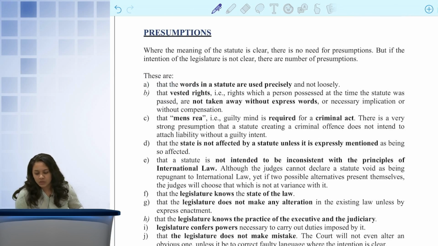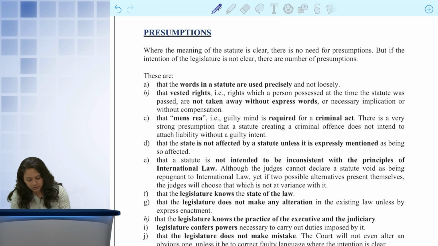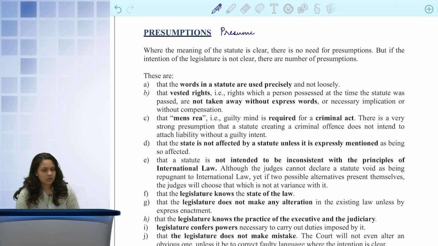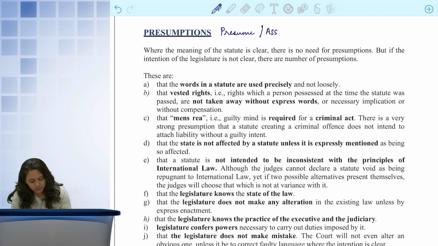Okay. The word presumption. What do you mean by presumption? It means to presume something. So, ma'am, presume means the same as presumption? Yes, you are right. What is presuming? I think a better word would be assuming something.